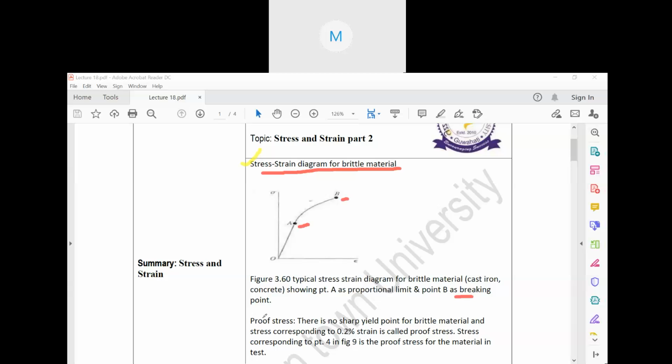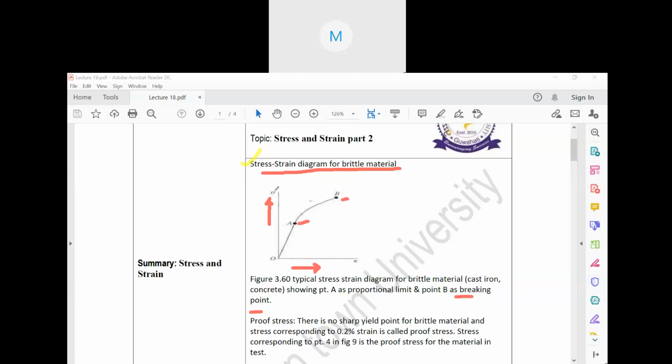If this is the stress in this direction and we have strain in this direction, stress increases up to point A, directly proportional.